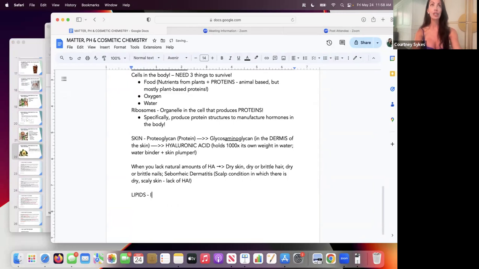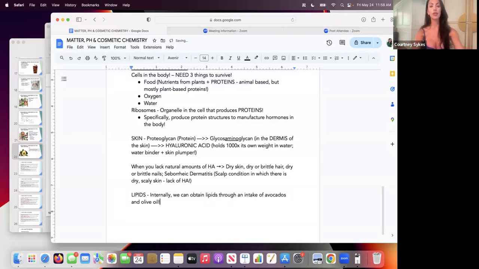Lipids, and internally we can obtain lipids through an intake of avocados, right, as one example, and olive oil. Olive oil. So very, very, very good, high quality olive oil.